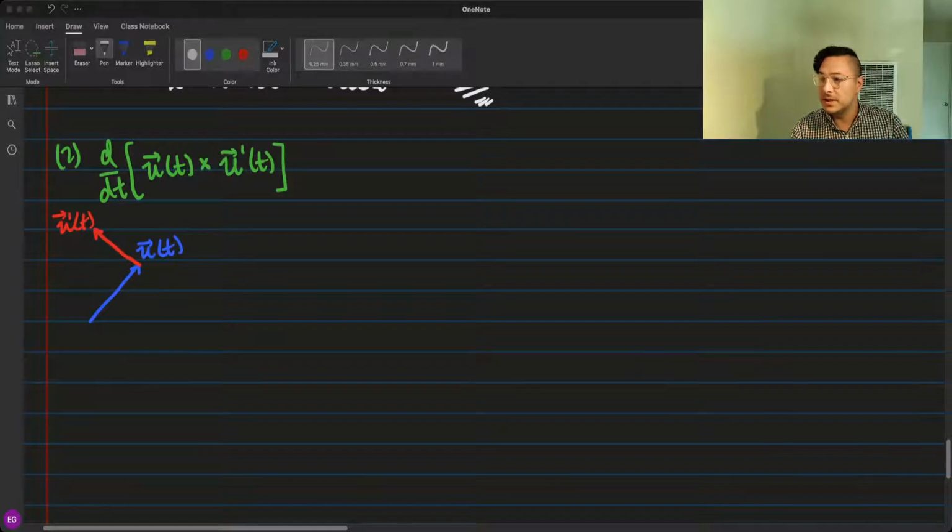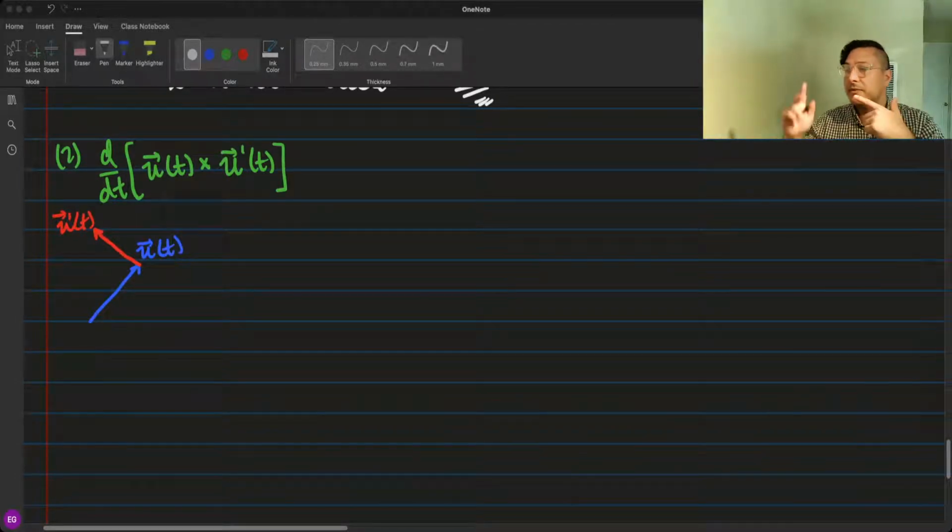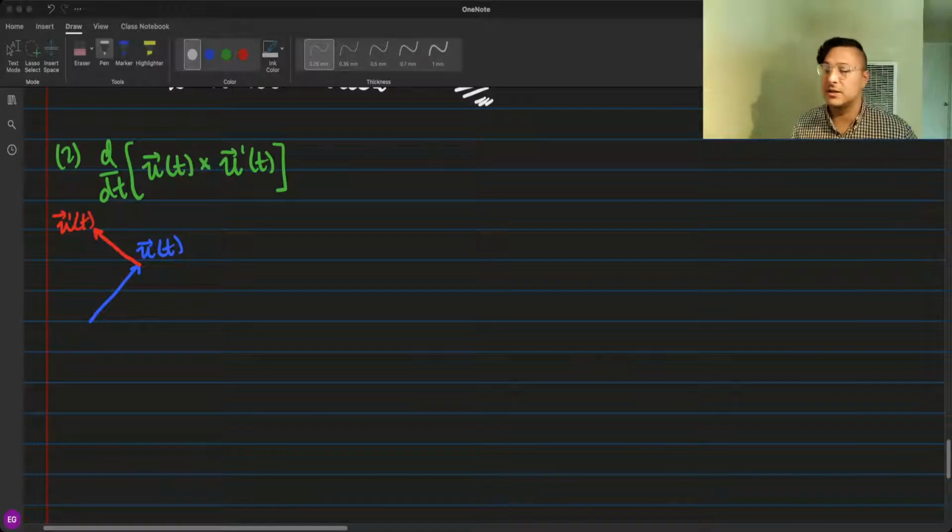I'll give you a moment to think about it. Look at your notes. Very close. You get another vector, but what is the relation of that vector to these two vectors?